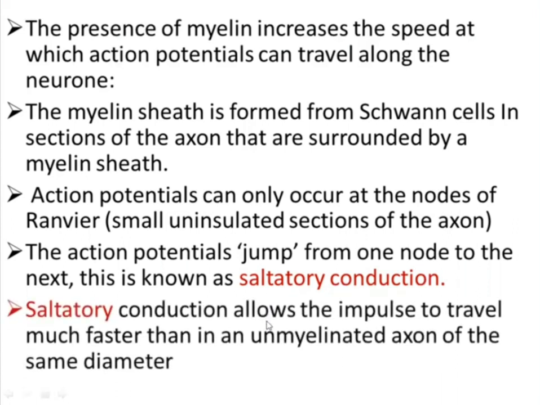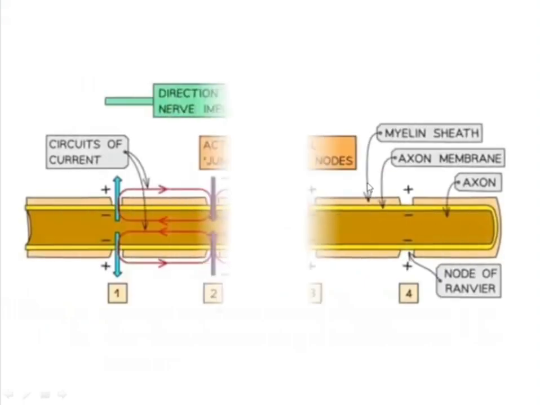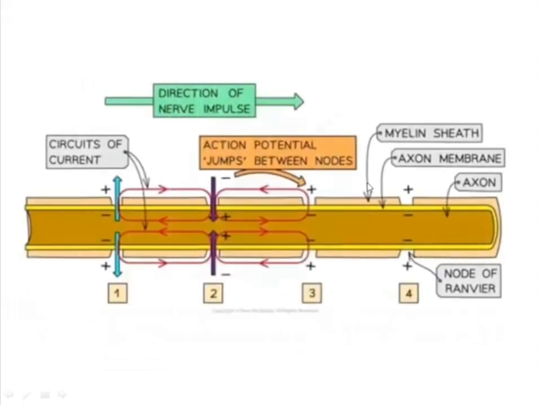Saltatory conduction allows the impulse to travel much faster than in an unmyelinated axon of the same diameter, right? These are the myelinated axons. Here you can see the direction of the nerve impulse and the circuit of the current.